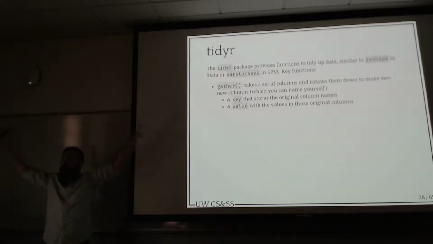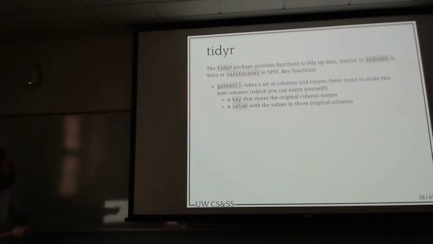So it takes any arbitrary number of columns. So I could take those 76 week columns. If we originally had week 1 all the way through week 76, what gather will do is it will take these 76 columns here and rotate them down. If I say rotate, I mean it's really wide. Imagine you took them all and made them really tall.